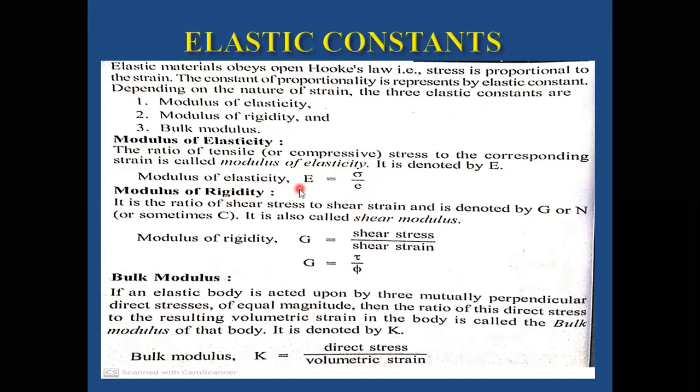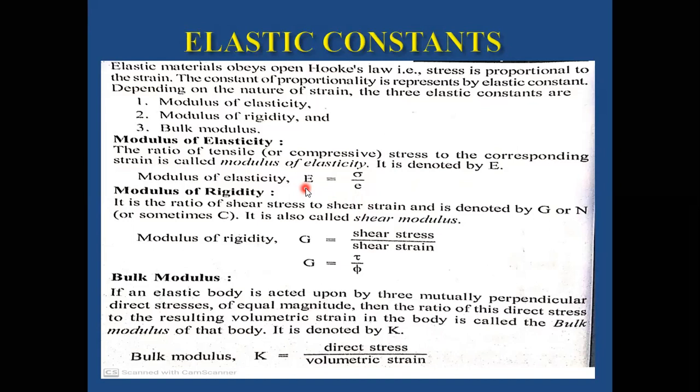We denote it by capital E. Or the modulus of rigidity. While designing, what kind of material we should use depends only on the strength of the material, which is represented by the Young's modulus.